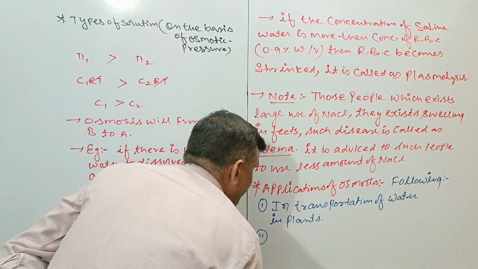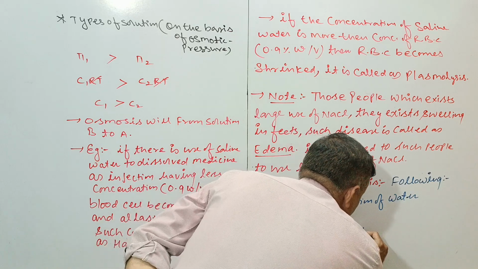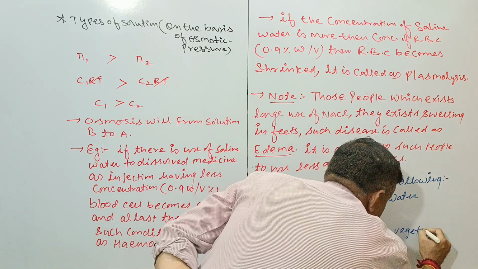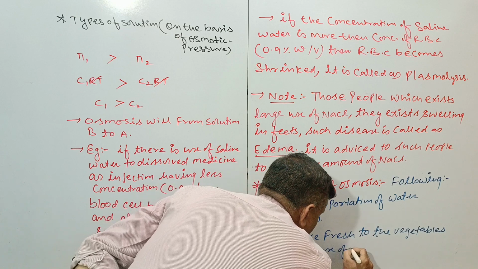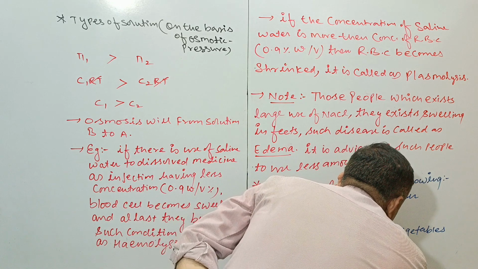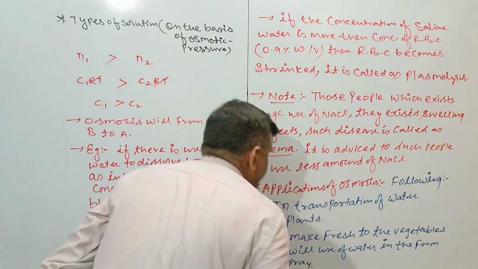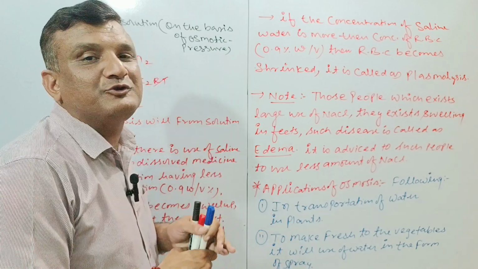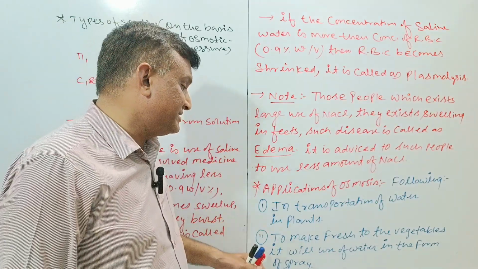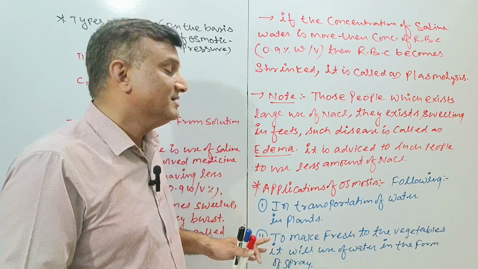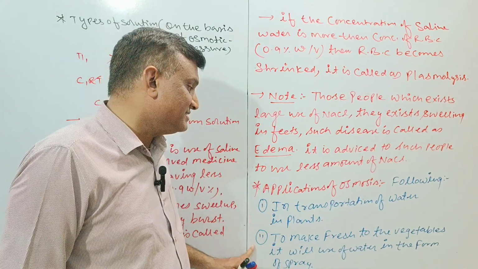Another application is to make vegetables fresh. It uses water in the form of spray. सब्जी वाले को आपने देखा होगा पर्टिकुलर, जब वो बेचता रहता पूरे सुबह से शाम तक अपनी सब्जियों को, वेजिटेबल्स को, तो वो टाइमली पर्टिकुलर उस पर वाटर का स्प्रे करता रहता है. उससे एंडोस्मोसिस होगा, वाटर उन वेजिटेबल्स में जाएगा. एंडोस्मोसिस के कारण पर्टिकुलर वो लॉन्ग टाइम तक फ्रेश बनी रहती है. दिस वॉज अबाउट द सेकेंड एप्लीकेशन रिगार्डिंग टू योर ऑस्मोसिस.